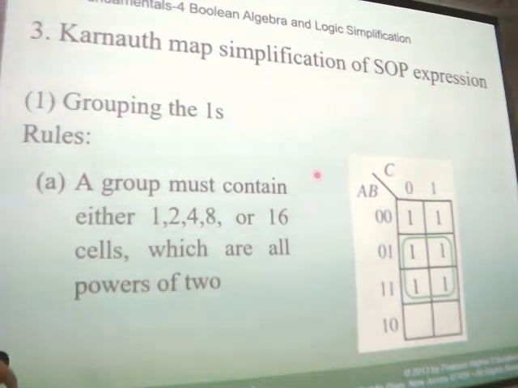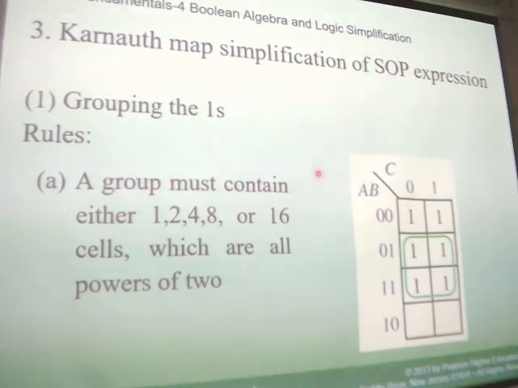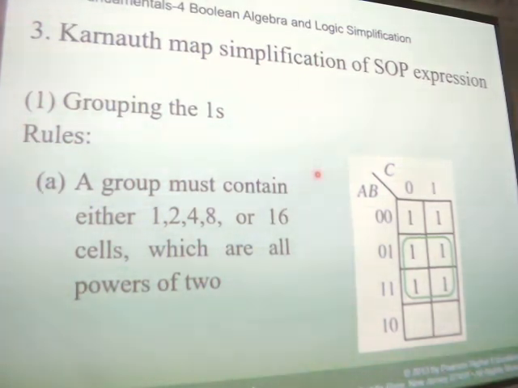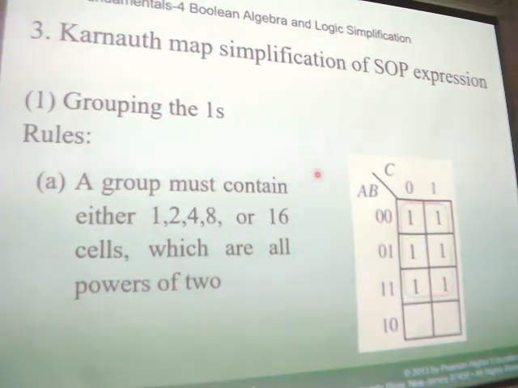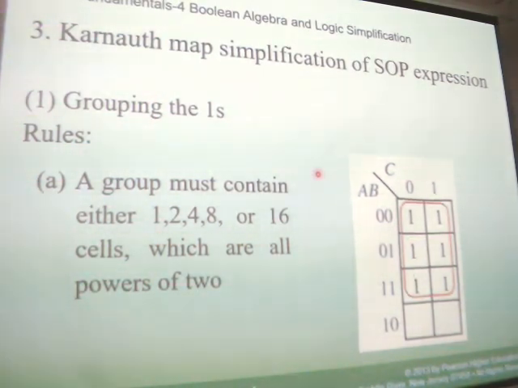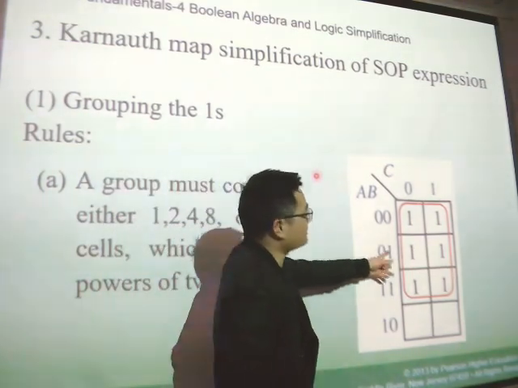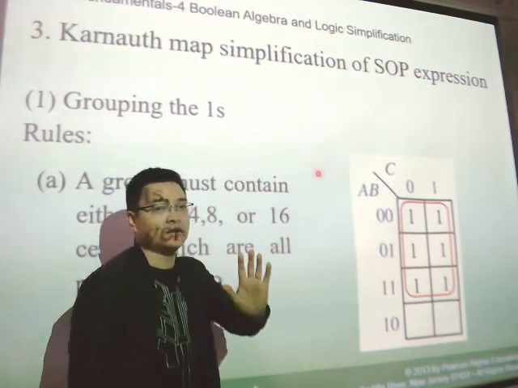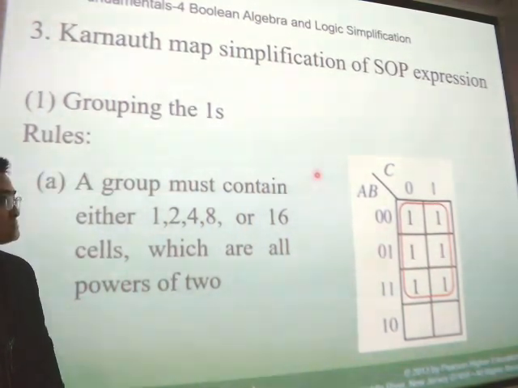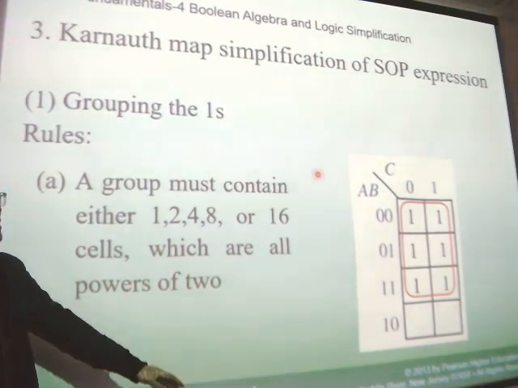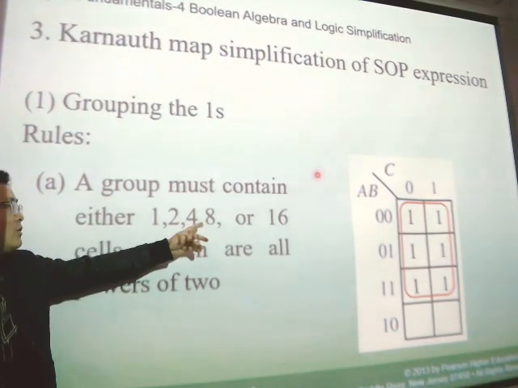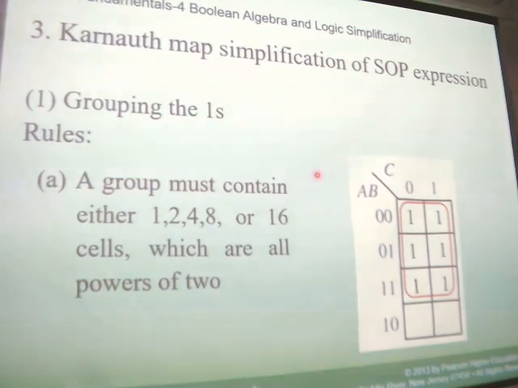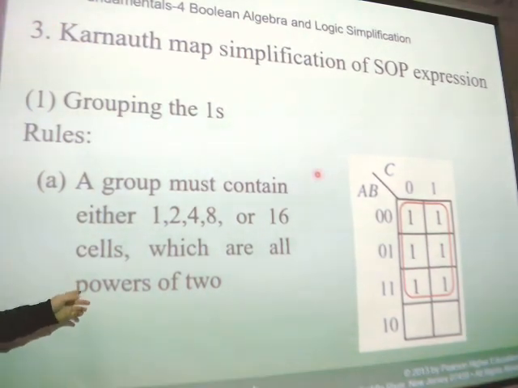So the 4 ones can also be regarded as a group. But the 6 ones cannot be regarded as one group, because the numbers must be 1, 2, 4, 8, or 16. Must be the powers of 2.